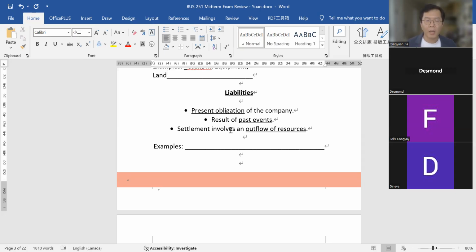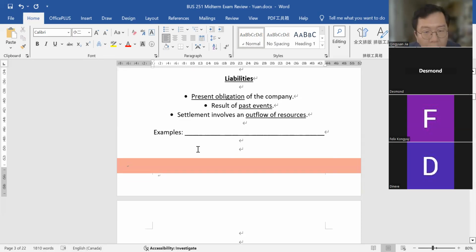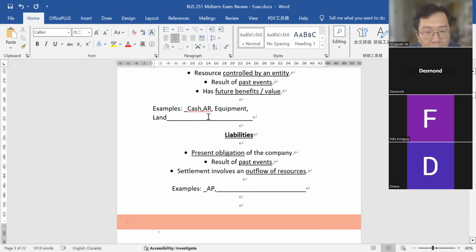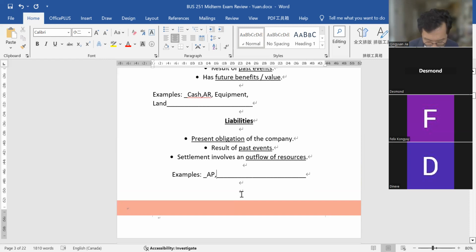When you have more liabilities, more resources will flow out of the company in the future. For example, we have accounts payable, which is AP for short. This is different from the previous one, accounts receivable, right? So accounts payable and also bonds payable.